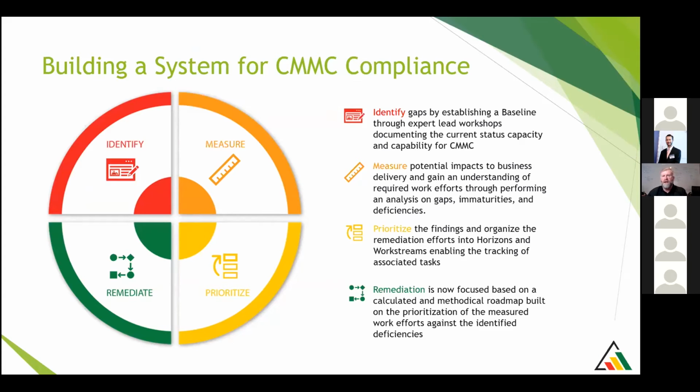Many organizations that we come into have a false sense of security, if you will, where maybe their MSP has done a high-level assessment, or they've done a self-assessment, and they have a SPRS score that they expect. And then when we begin to do those identifications and that score is generated within the system, you begin to see, as James said, that negative number going down because these things are missing.